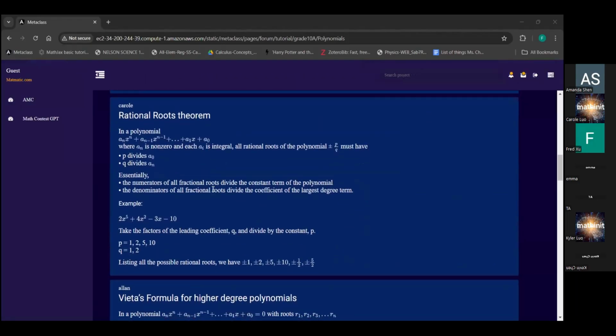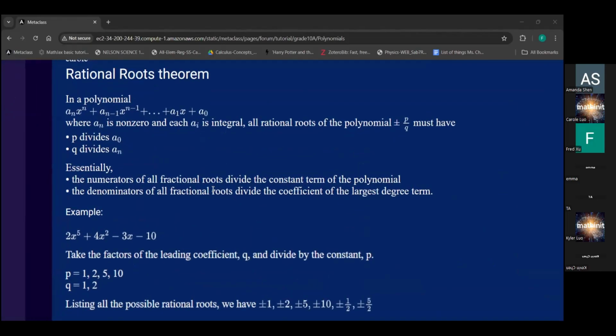So now moving on to the rational roots theorem. So in a polynomial, once again, same thing, a of n times x to the power of n plus a of n minus 1 times x to the power of n minus 1, and so forth, all the way until a of 0. This part you don't really have to mind.